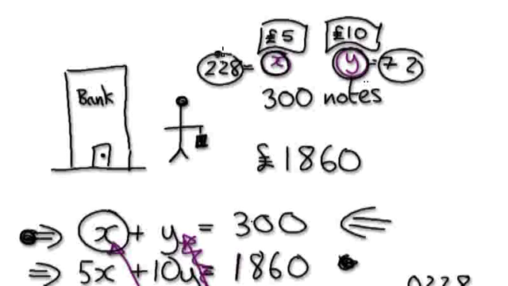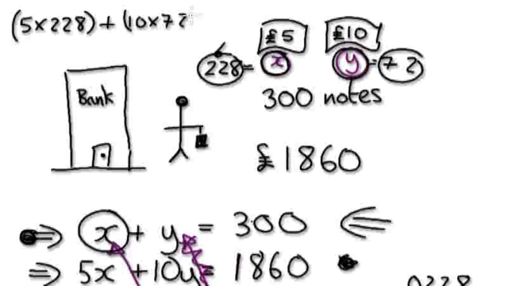So if you just check, put 5 times 228, do this in your calculator, and then add it to 10 times 72, and it should come up to 1860. Check it for yourself if you don't believe me.